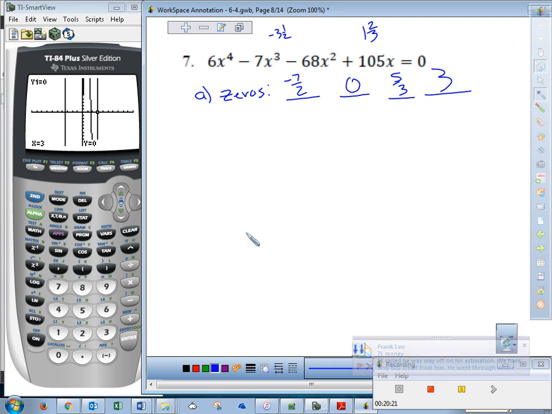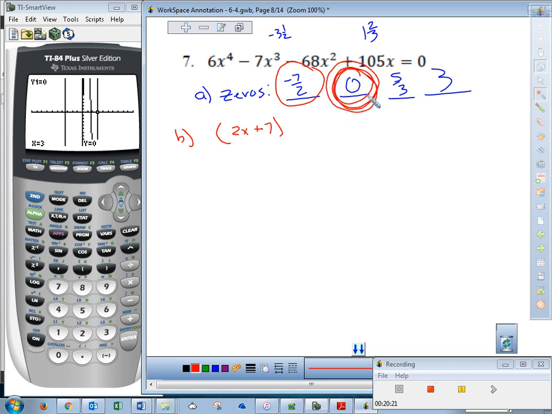Now put them in factored form. Part B. This guy would become 2x plus 7. The denominator comes in front of x. Switch the sign on the numerator. What's this guy, though? He's just x. Where should you put him? Put him first. Don't put x minus 0, right? That's just plain old x.